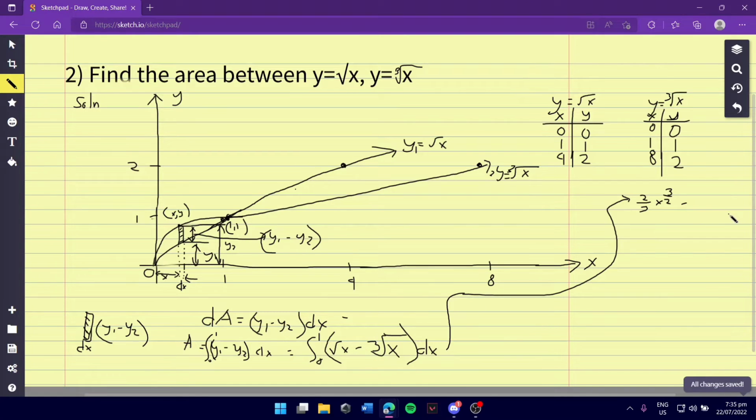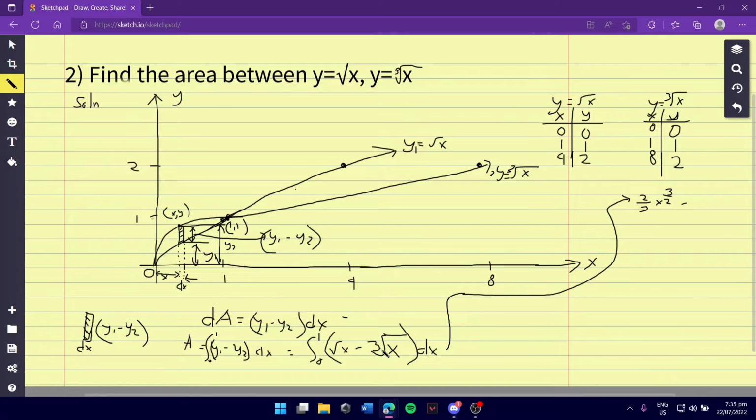Then subtract it to your y2, which is x raised to 1/3, and then you add 1, it will become 4/3.